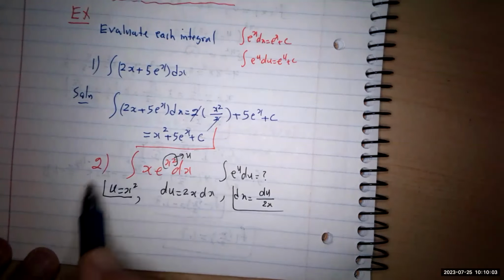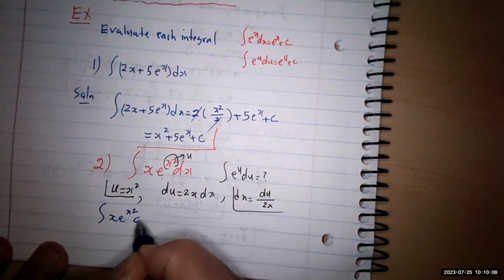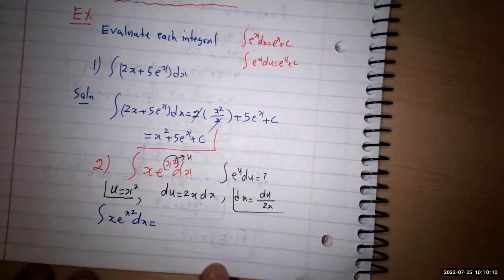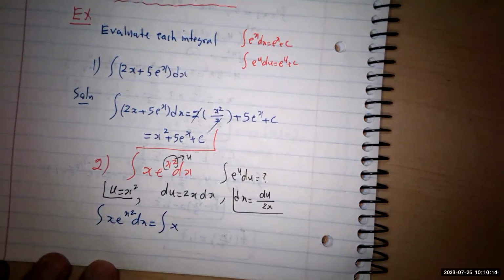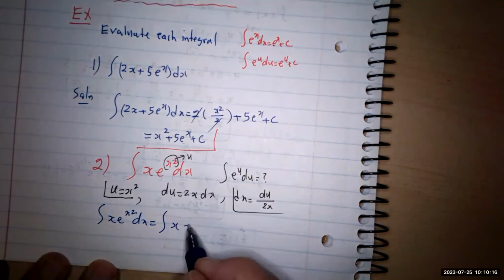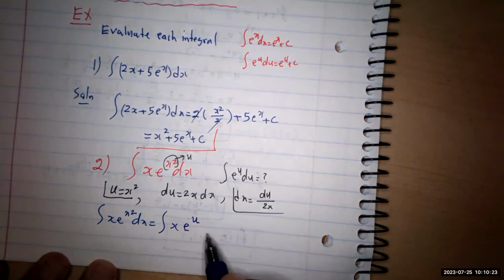Okay, taking this. So integral of x e to the x squared dx equal to, we don't have anything to substitute for x, no worry. E to the x squared, what's x squared is u. Times the dx, what's the dx?